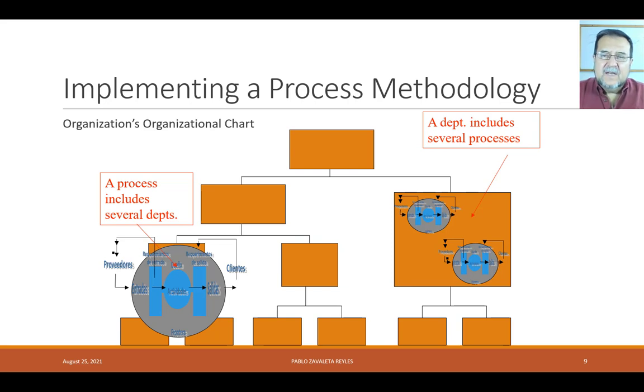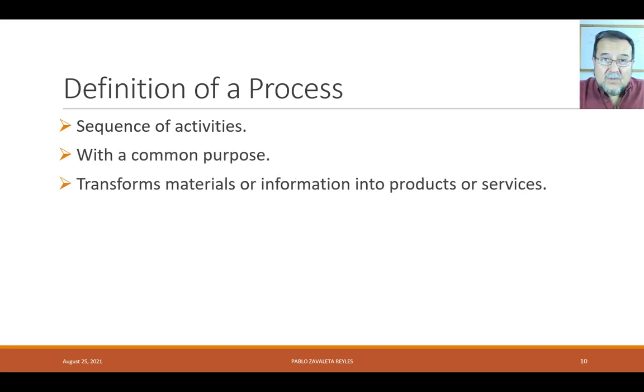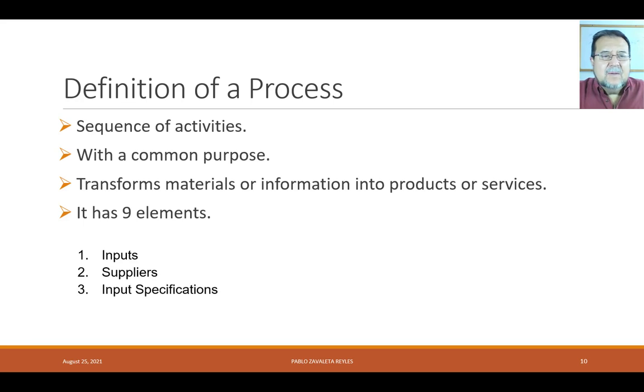Remember, our definition of a process covers a sequence of activities with a common purpose that transforms information, materials into products or services. And it will help us to think that it has 9 elements. The first 3 have to do with the input side of the equation. That is, inputs, suppliers, and input specifications. Then we have the transformation side of the business.